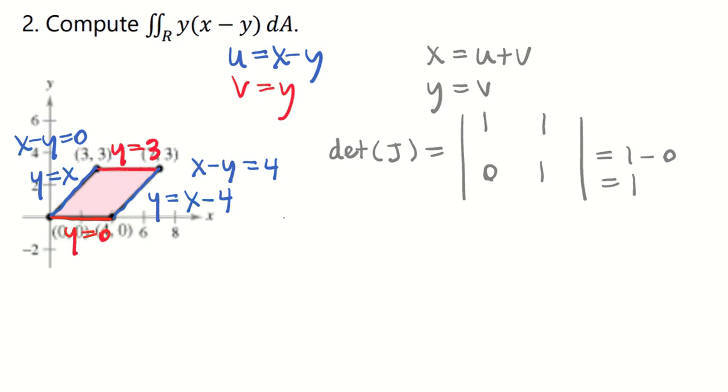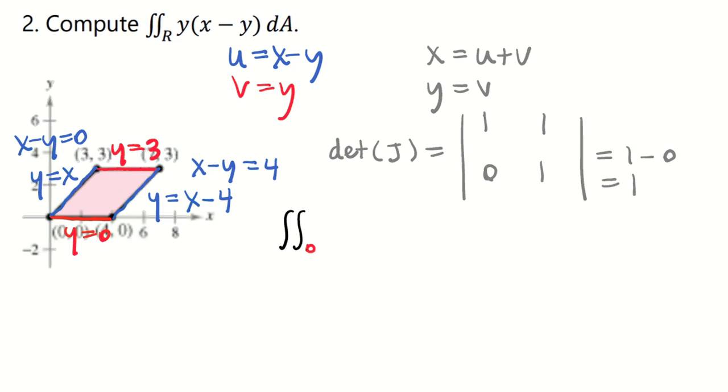And so I think now I'm pretty much ready to convert this to a double integral over UV space, where v, I can see here, is running from 0 up to 3. X minus y, oh, that's u.